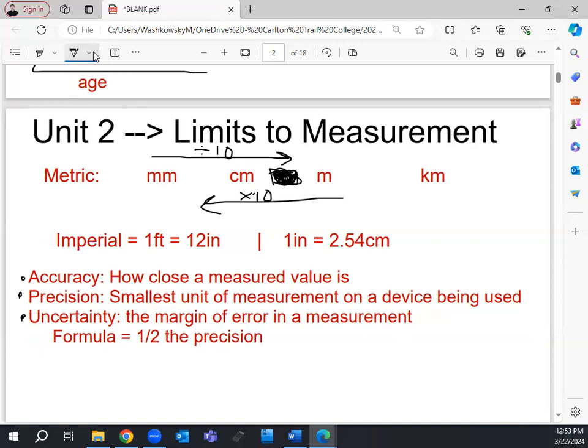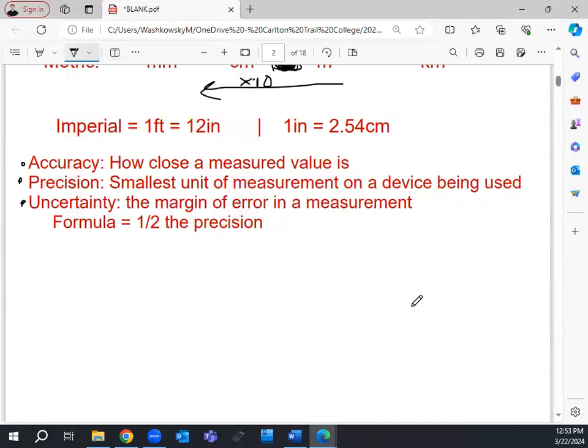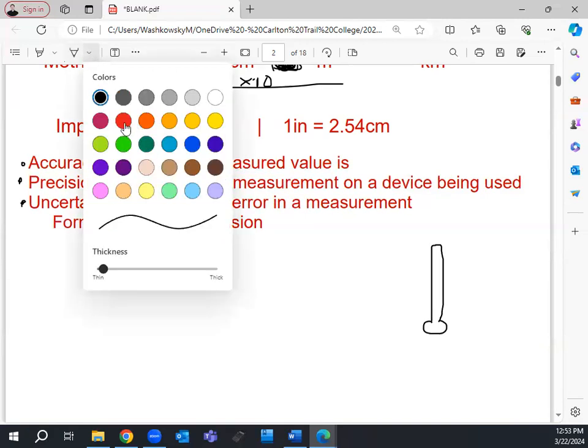Okay, so what if I give you a thermostat? Thinking about those old mercury ones with the red in them. I'm just going to fill that in really quick.